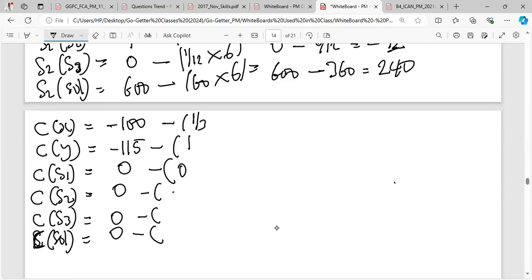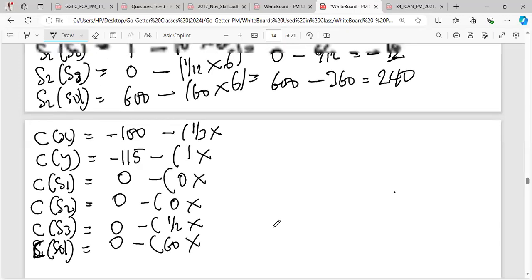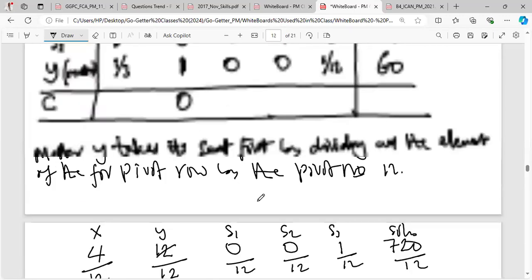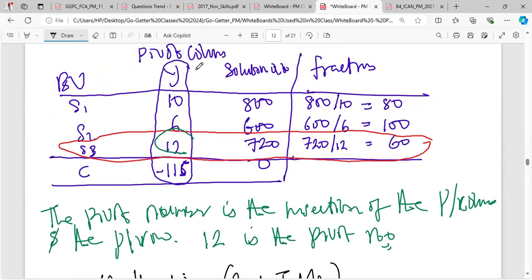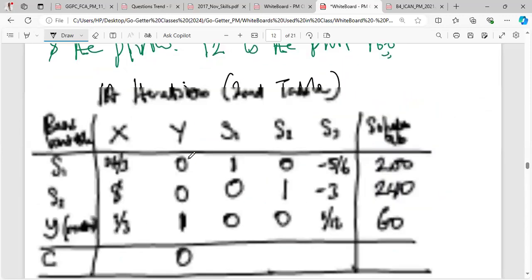We're going to multiply by what? The value at pivot line, look at this 12. So this one that corresponds with line C is 115.